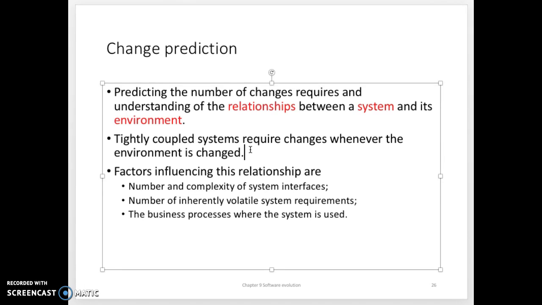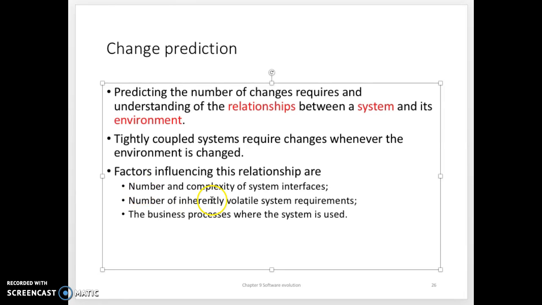So any modification announced by the government regarding the tax has to be reflected in these systems to remain relevant. So these kinds of systems are tightly coupled systems because they are related to something important to everyone, to organizations.